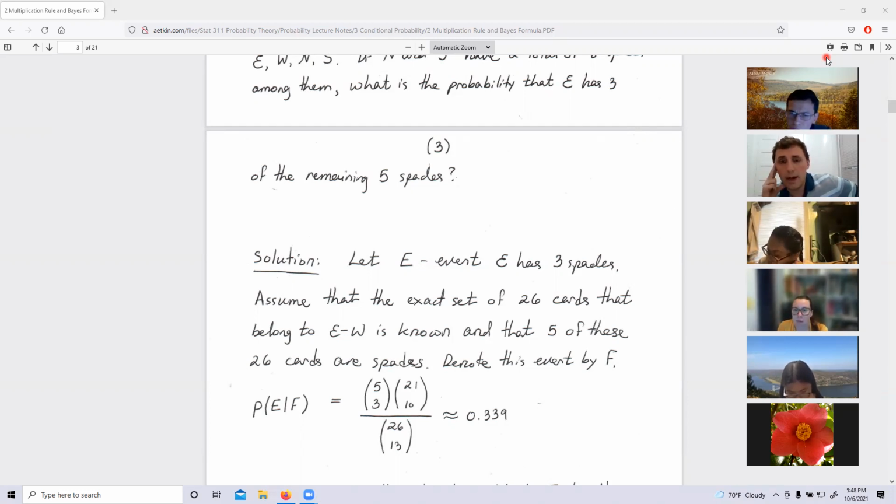And the way I imagine is that the event F, the event that North and South have 8 spades, can be broken down into clusters of universes, and each cluster contains the same number of equally likely universes, right? So a cluster will be a distribution of cards given that they have this particular 26 cards.